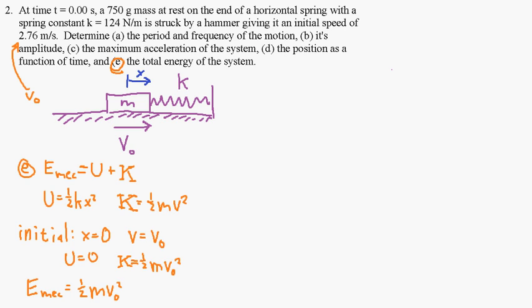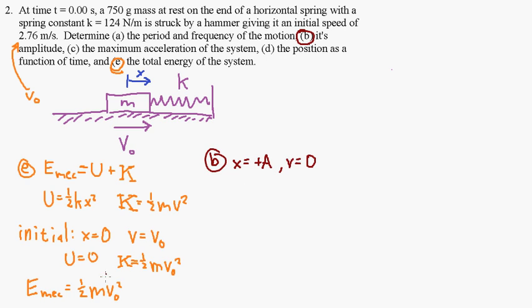So let's go dark brown for B. When it's at the amplitude, it's at the furthest distance it gets from the equilibrium position. And when x equals the amplitude, positive or negative, whichever you want, that means your speed is 0.